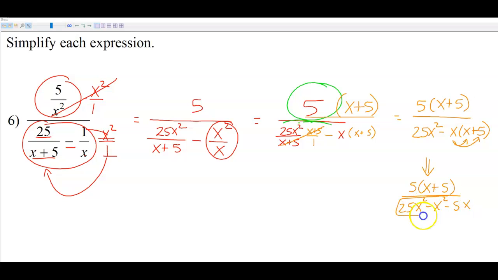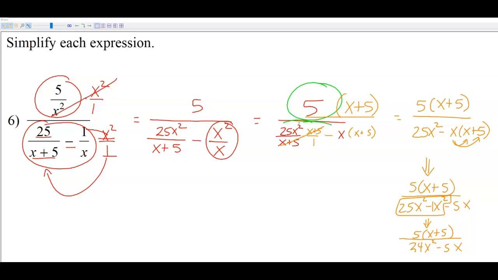I do see some like terms I can combine here, so let's do that. 25x squared minus 1x squared is going to leave me with 24x squared, so and I'm pretty sure this problem is done.